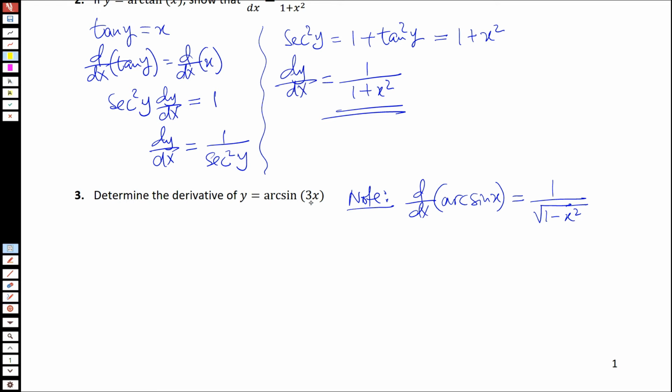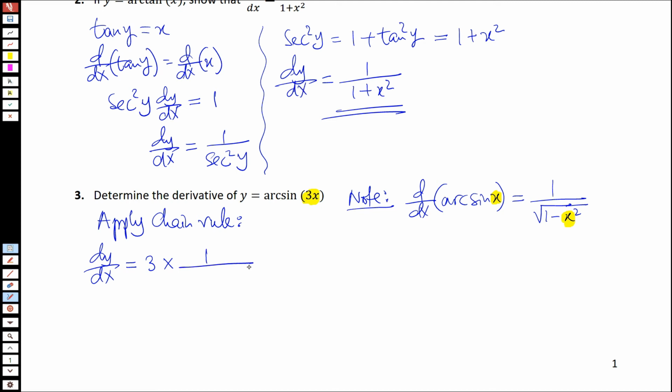Here, remember, we have a function inside another function. If you consider what we have here, our x here is 3x. Because you have a function inside another function, we shall apply the chain rule. So dy over dx will be equal to, starting with the inside, the derivative of 3x, which is just 3.